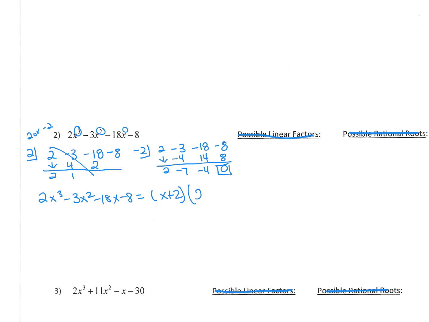So my quotient gives me 2x squared minus 7x minus 4. I think my 2x squared minus 7x minus 4 might be factorable. I could also just use the quadratic formula if I wanted to, but I think it's factorable.